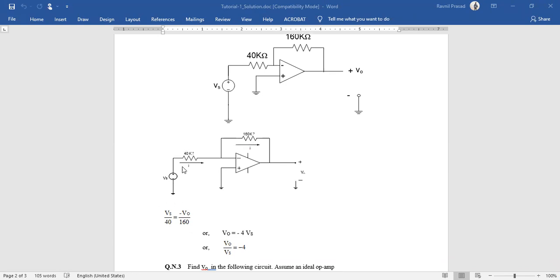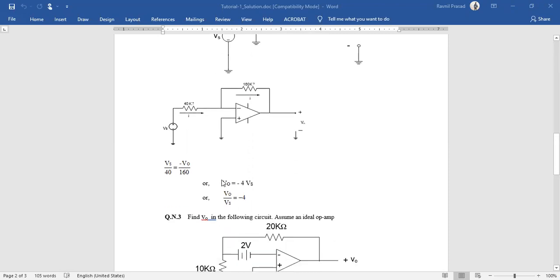The current in this branch is given by Vs minus 0, since this node is virtually grounded, so Vs minus 0 divided by 40k, which is Vs divided by 40k.